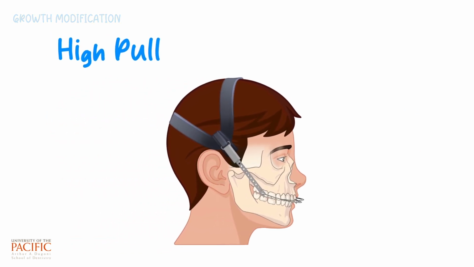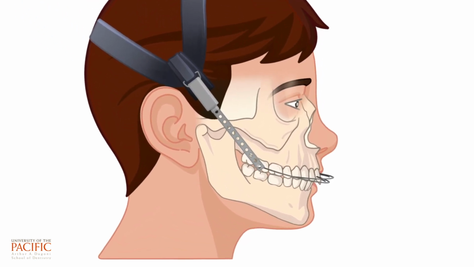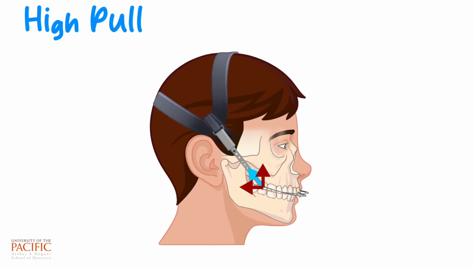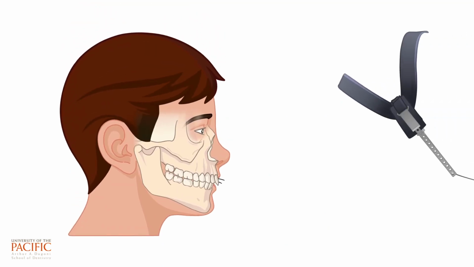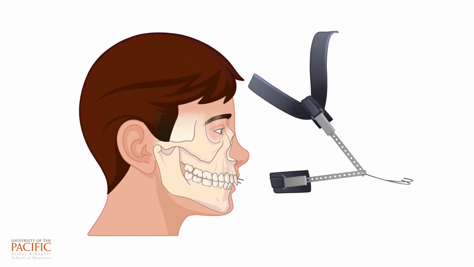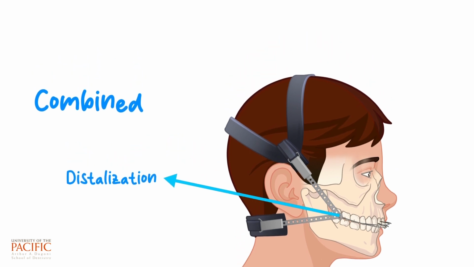High pull headgear is designed to create distalization, moving the molars backward, and intrusion, reducing the vertical height of the molars. Combined headgear is primarily used for distalization, aiming to move the maxillary molars towards the posterior region.